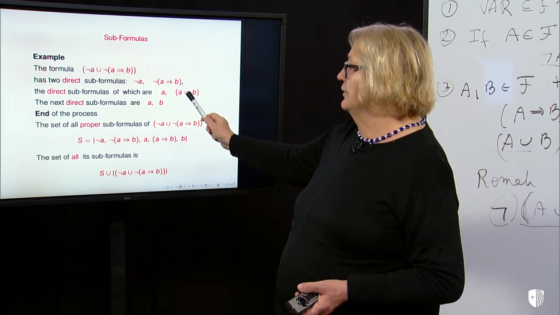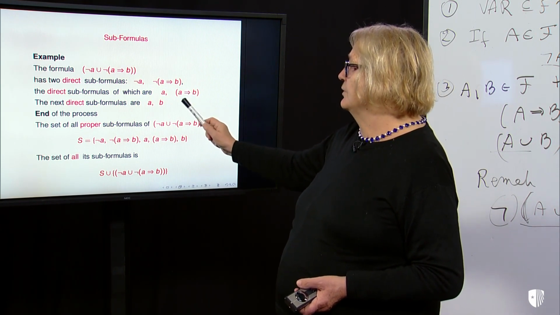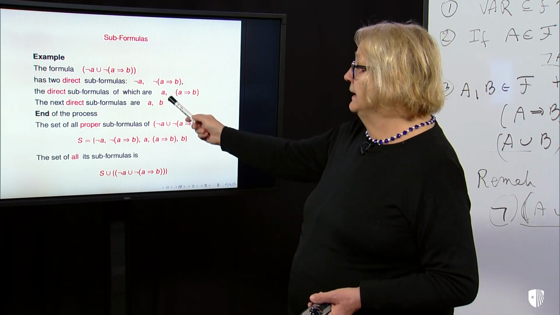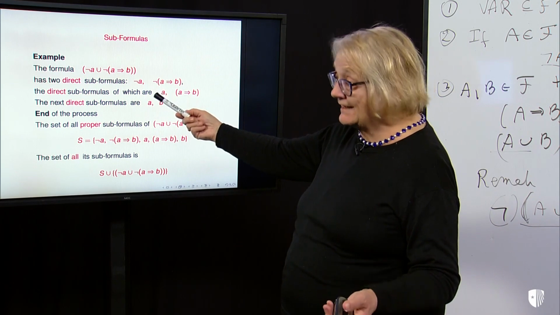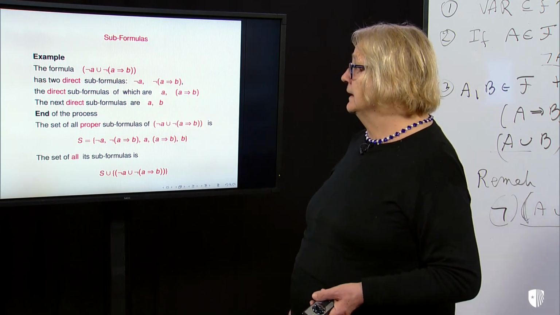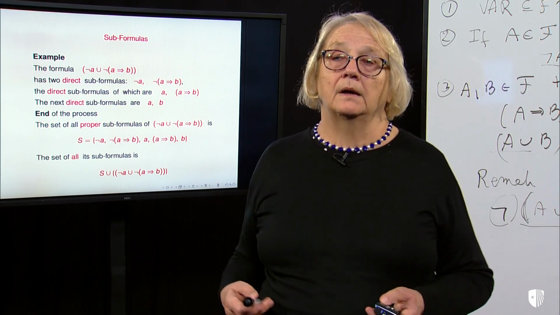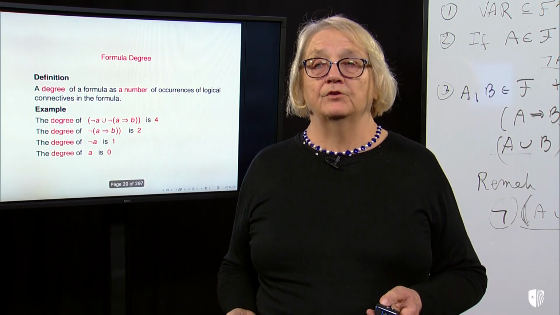Now the main connective is B, so the direct subformulas of A implies B are A and B. So really, from here you have A and B, so this is a set. And this is the end of the process, and that's how you find the set of all subformulas of a given formula.